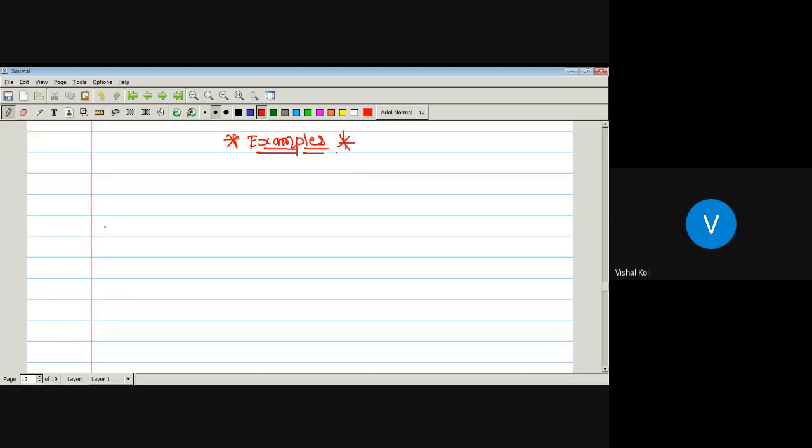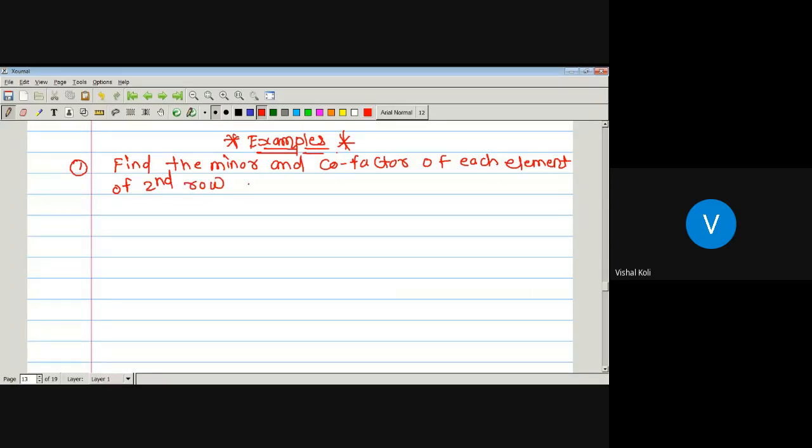Find the minor and cofactor of each element of the second row of the determinant, whose rows are 1 2 0, 1 5 1, and the last row is 3 7 1.